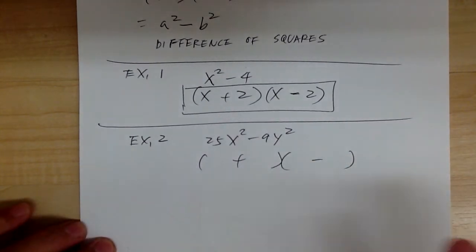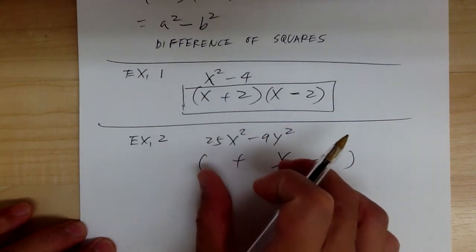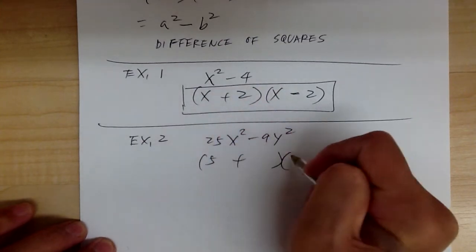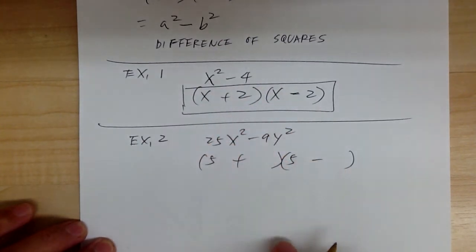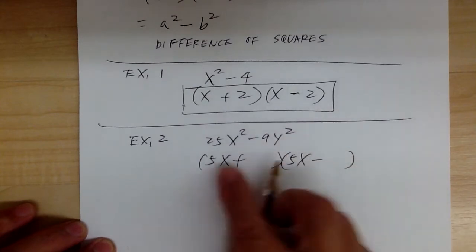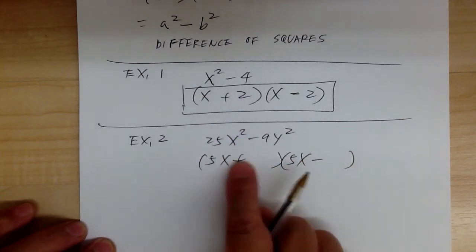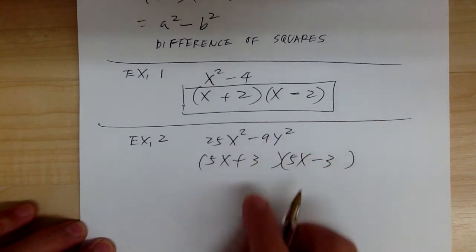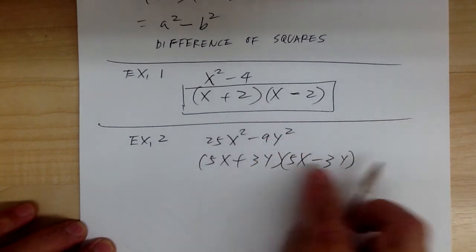The way to do that is very simple. For conjugates, this came from the corresponding parts. For 25, you get 5 and 5, 5 times 5 gives you 25. x and x give you x squared. Plus times minus gives you minus. 3 times 3 gives you 9, and y times y gives you y squared.